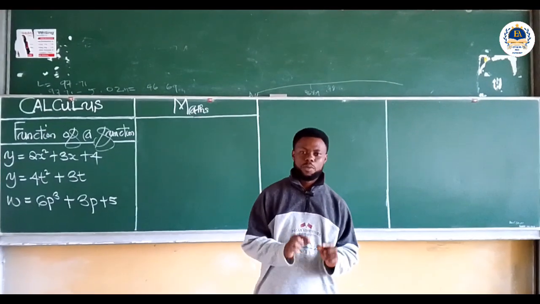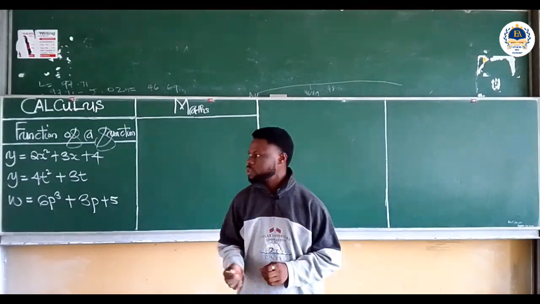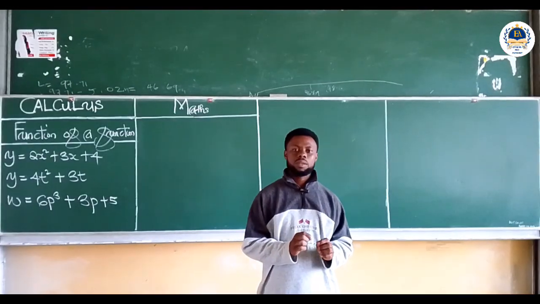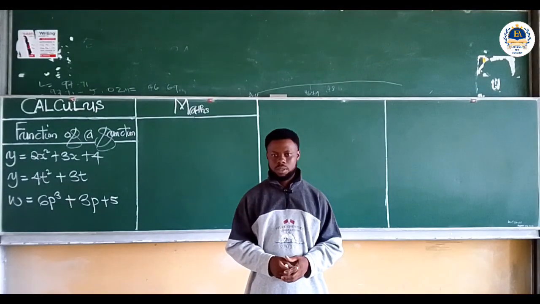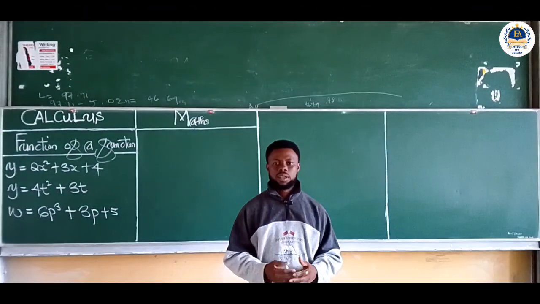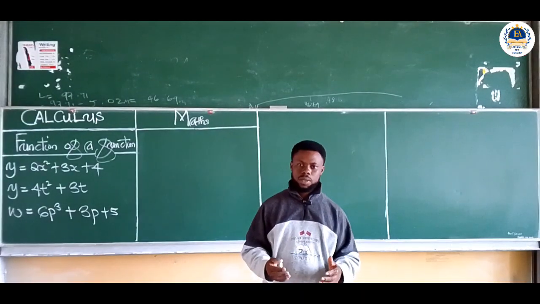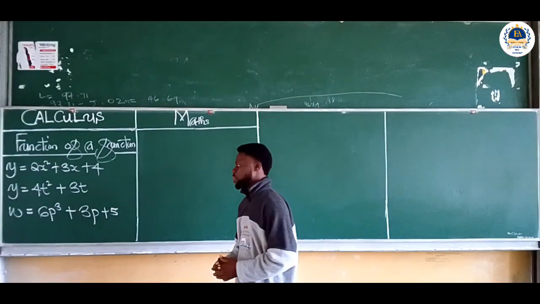Again, before we can have a proper understanding of what function of a function is, one must note the meaning of derivation in calculus. Now, by definition, derivation is the rate of change of one quantity with respect to another quantity.